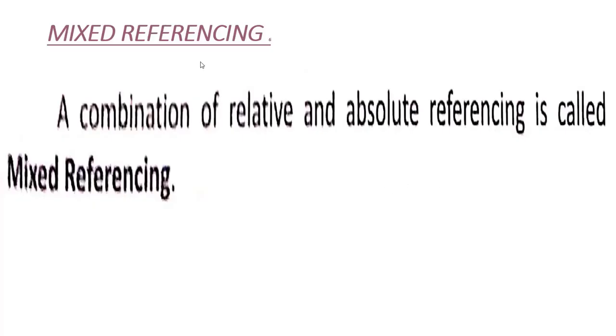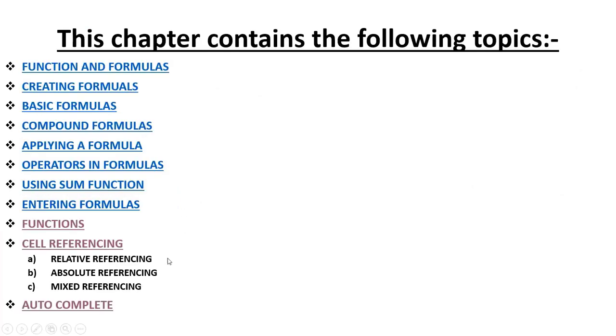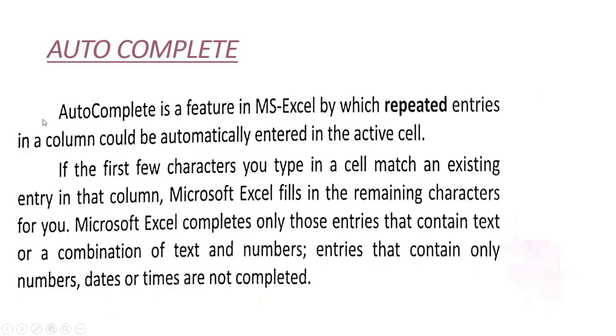The last topic of this chapter is autocomplete. What is autocomplete? Autocomplete is a feature in MS Excel by which repeated entries in a column can be automatically entered in the active cell.